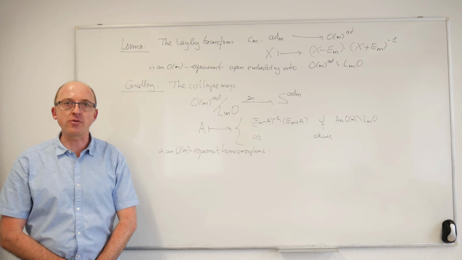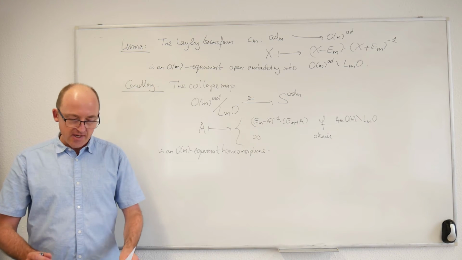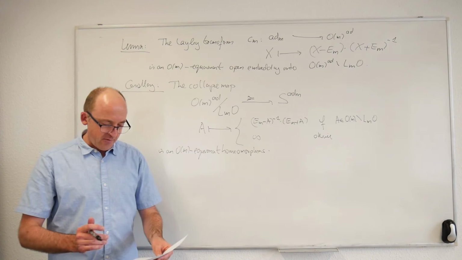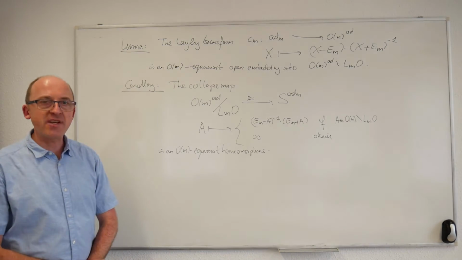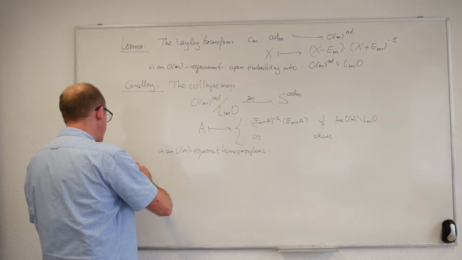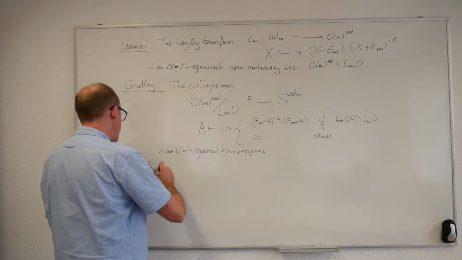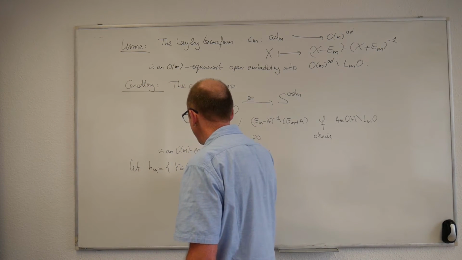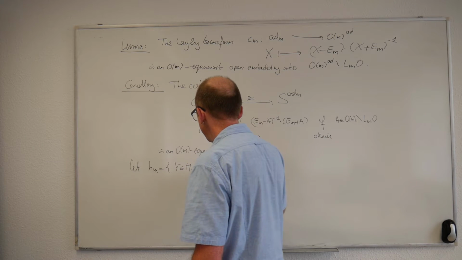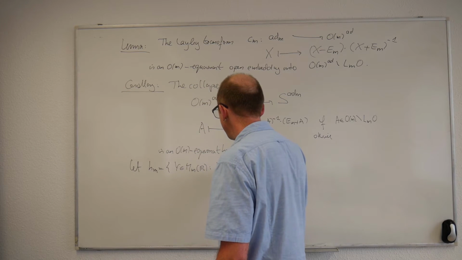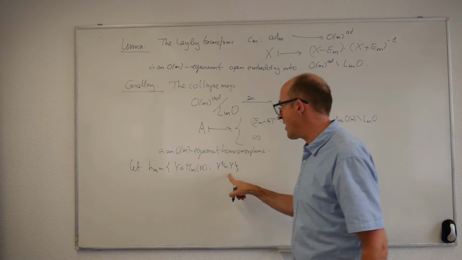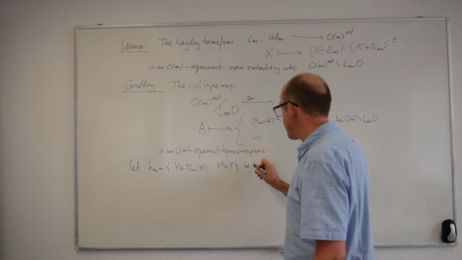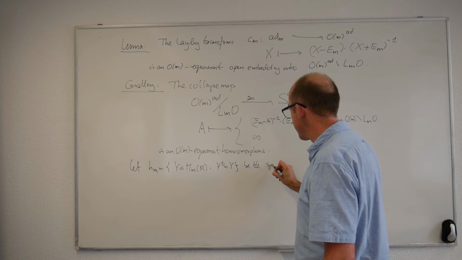It's a little bit, but not much more sophisticated. And here is how it goes. For this, we also need the vector space of symmetric matrices. So let H_m be the set of all m by m real matrices Y such that Y transpose is equal to Y. So this is the space of symmetric matrices.